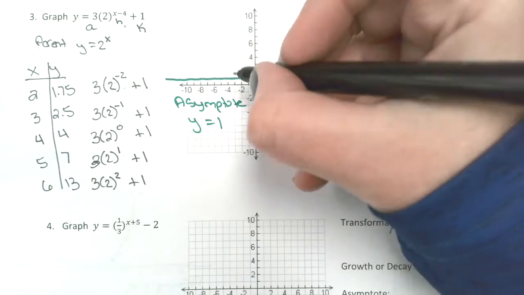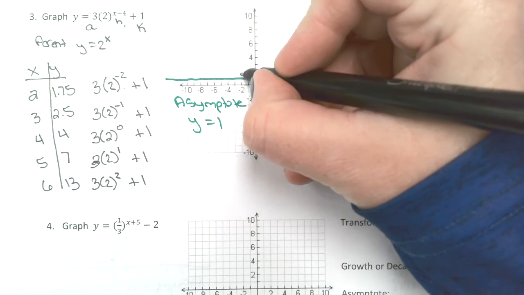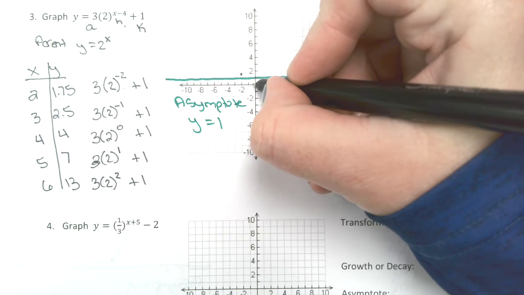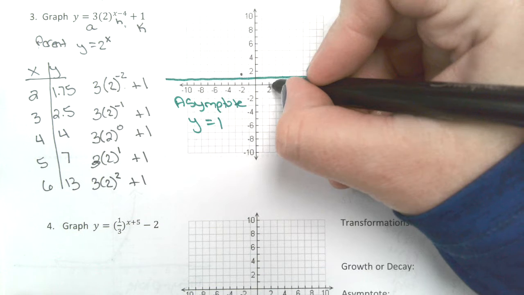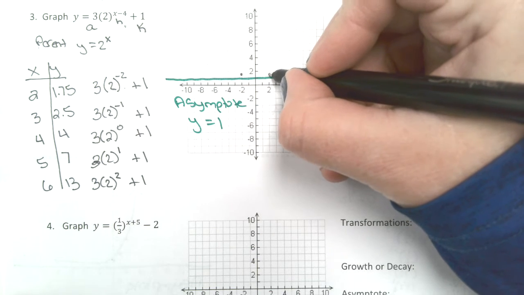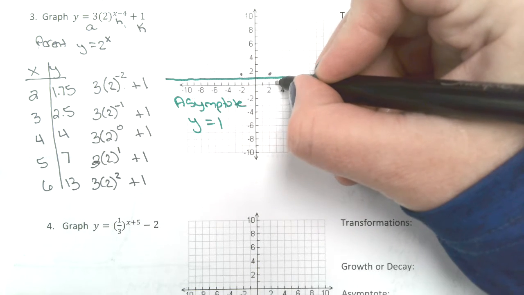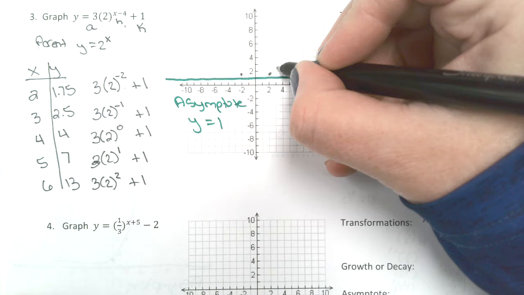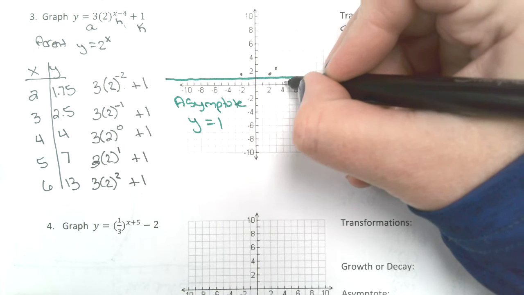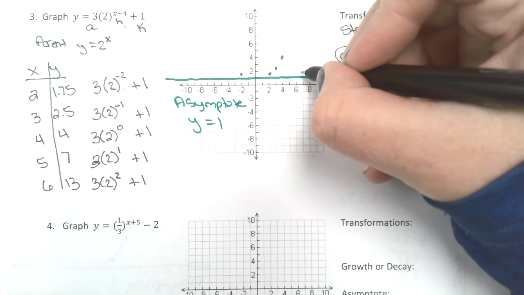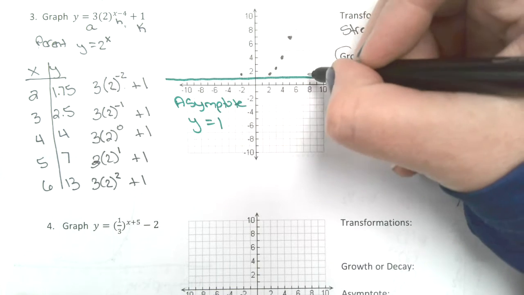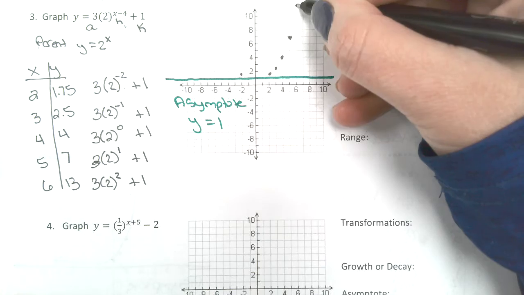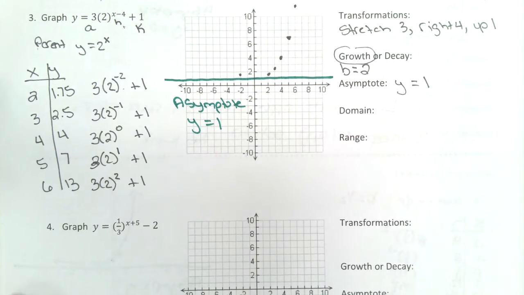So I have 2, 1.75, I'm going to estimate. 1.75, 3, 2.5, 4, 5, 7, and 6. Went off the graph a little bit.